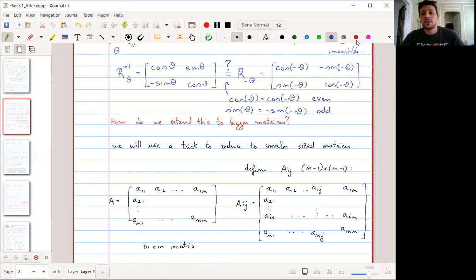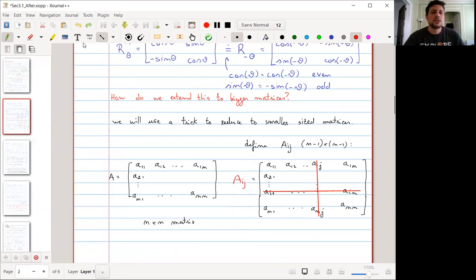In order to do this, we'll define the following matrices. Given a matrix A, I've written it here with its entries, A11, A12, all the way up to Ann. We'll define the matrix Aij as whatever matrix I get by taking the matrix A, which is copied here, and deleting the ith row and the jth column from it.